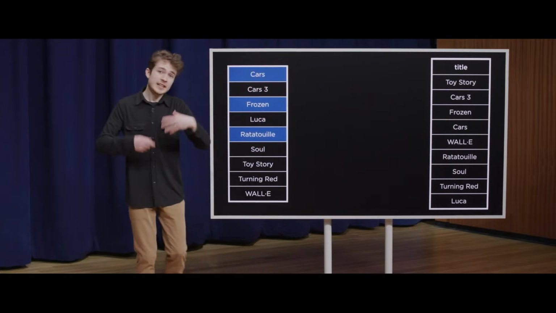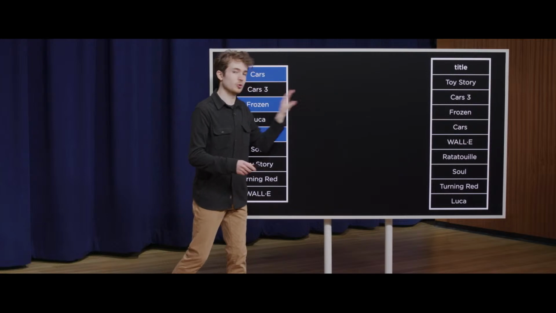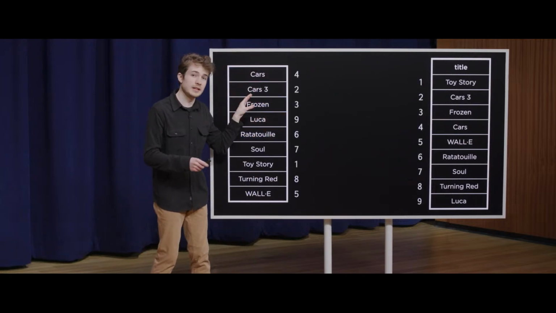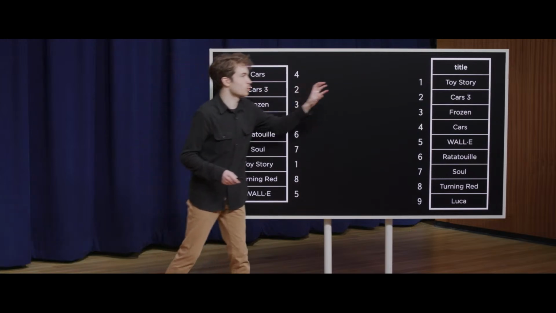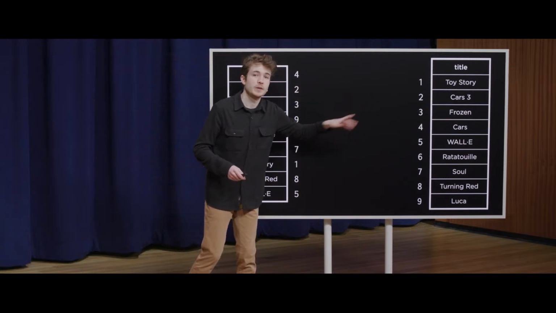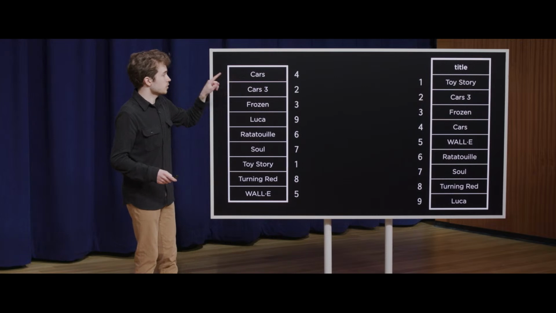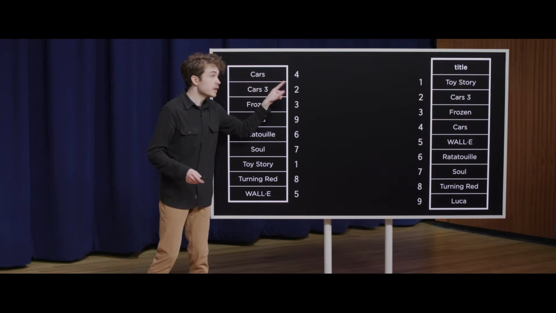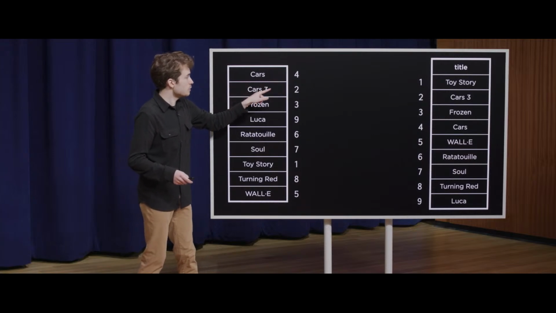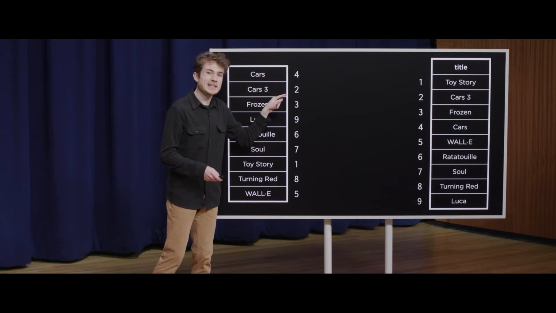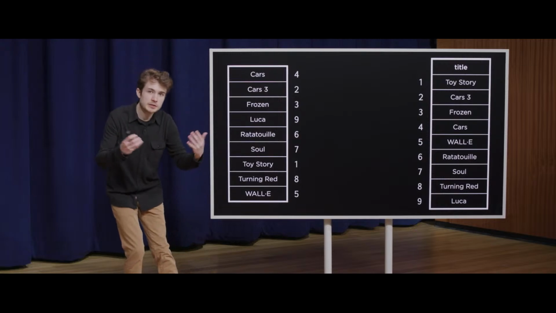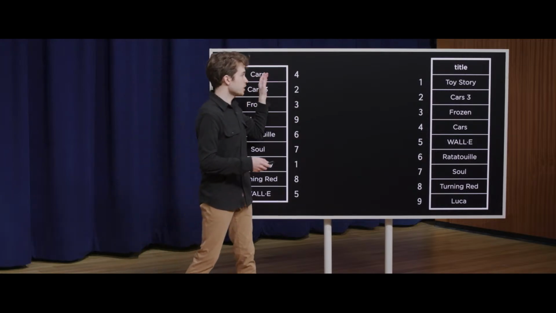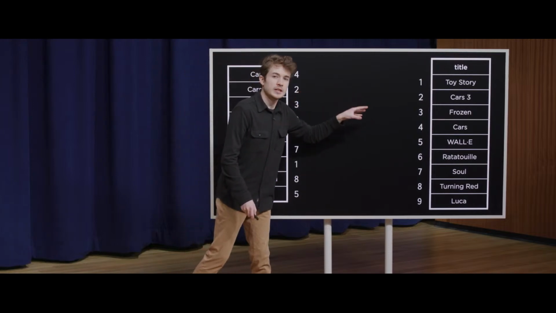So often in an index, we'll not just copy the data to some new location and sort it. We'll also have some link between these index pieces of data over here and our rows in our table back here. So for instance, here is Cars, and Cars appears to be in row 4. Similarly, Cars 3 looks to be in row 2 in my table. And I could metaphorically, visually draw some lines between Cars over here in my index and Cars in my table.